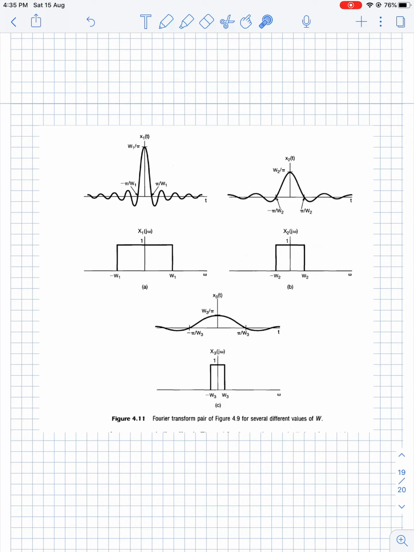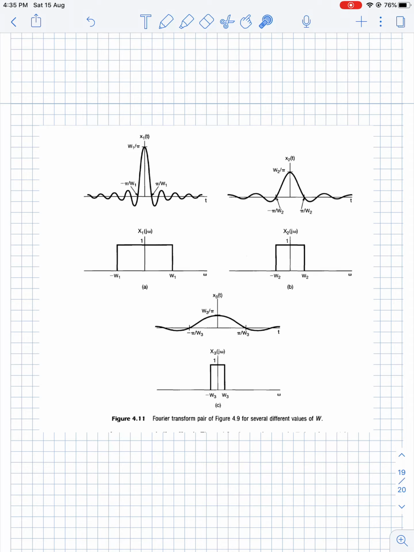Now, you can see that as the width in the transform domain increases, the time domain representation is narrow. If the width becomes a little lesser, the time domain representation becomes a little broader, and if the width of the transform becomes very narrow, the width in the time domain becomes more and more broad. So as it gets narrower and narrower in one domain, it becomes broader and broader in the other domain.